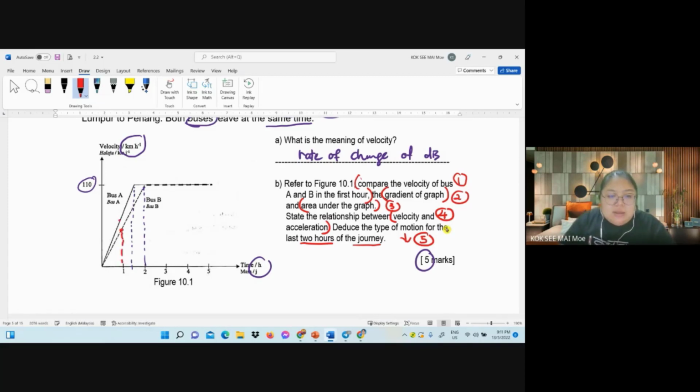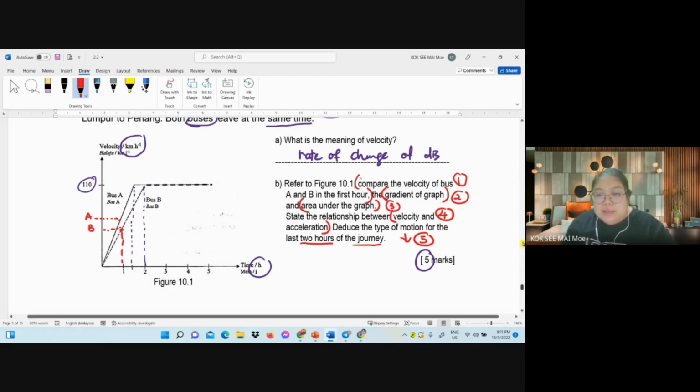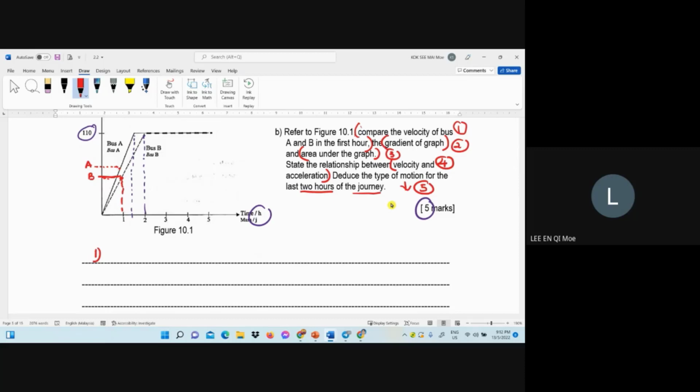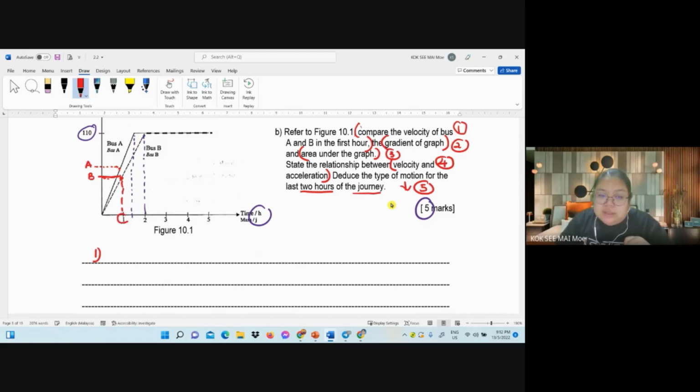If for bus A, this one is a reading. For bus B, this one is a reading. You tell me which one velocity is bigger? A. First hour A should be a bit highest, B lower. So we just answer, copy the question. If you don't know how to answer, we just copy the question.